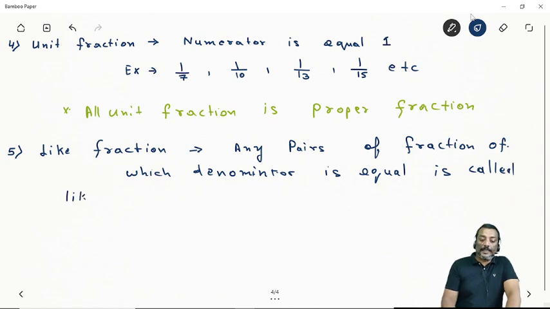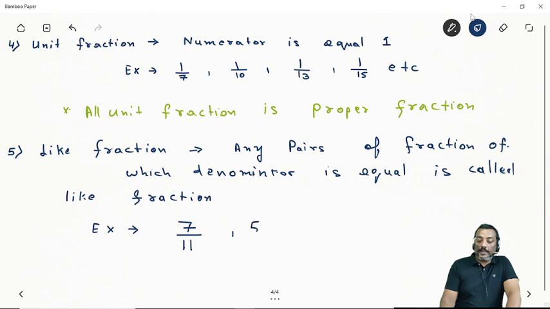I can give you some examples, and these like fractions we will see are very useful for addition and subtraction of fractions.